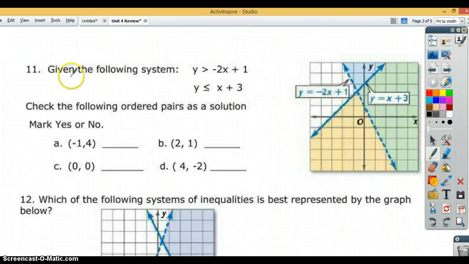All right, so 11 says, given the following system, which is graphed here, check the following ordered pairs as a solution, mark yes or no. So the way I see this one, y is greater than negative 2, so that's over here. So that's this shading.